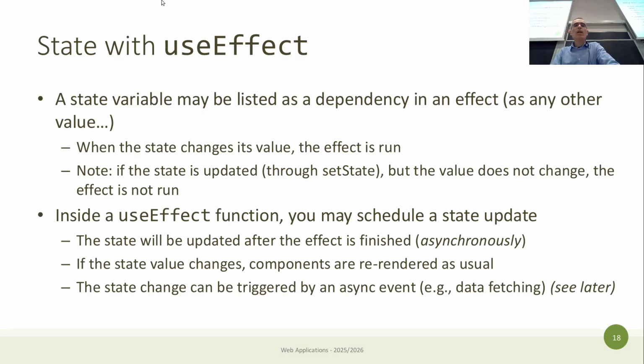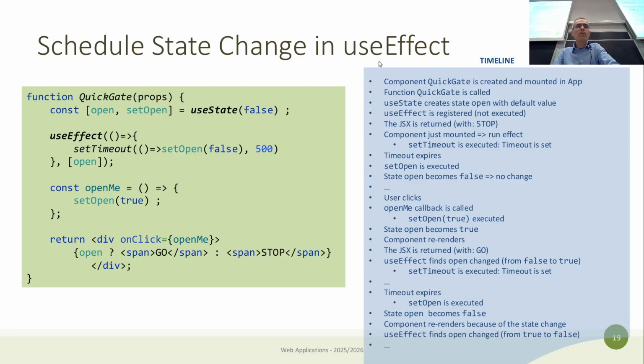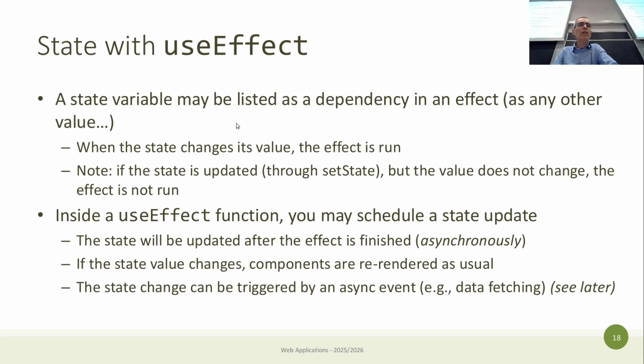Just before going on and discussing what we can do, let's see one more interesting case. A state variable may be directly listed as a dependency in an effect, in the array of the useEffect hook, as any other value.